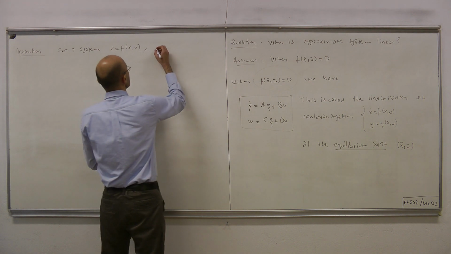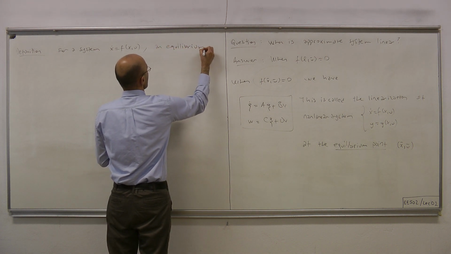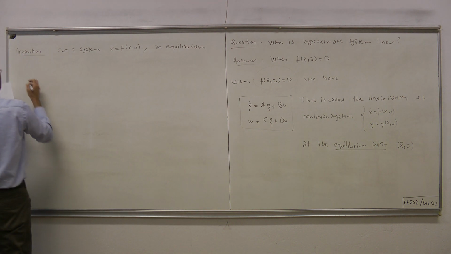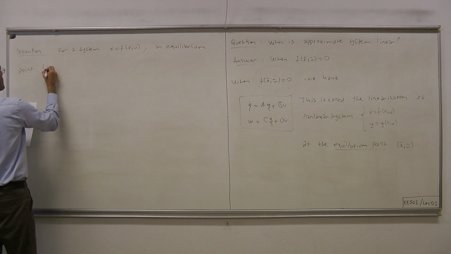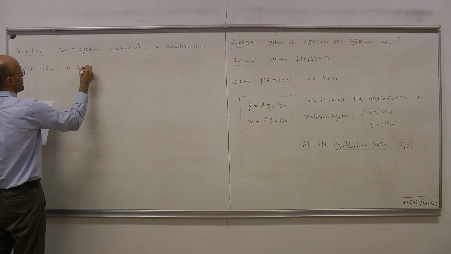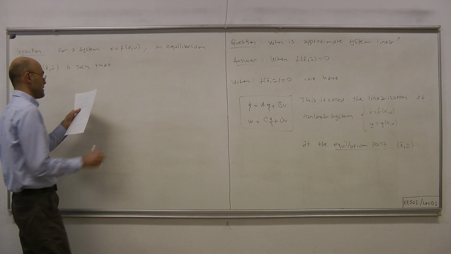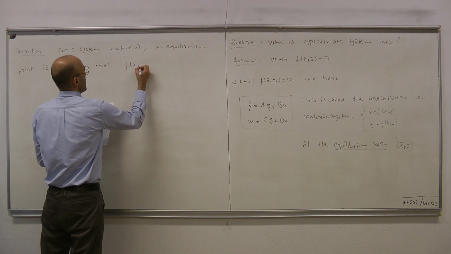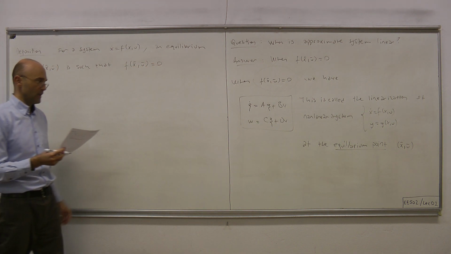An equilibrium point x bar, u bar is any real solution to this equation. Okay, f of x bar, u bar equals 0.